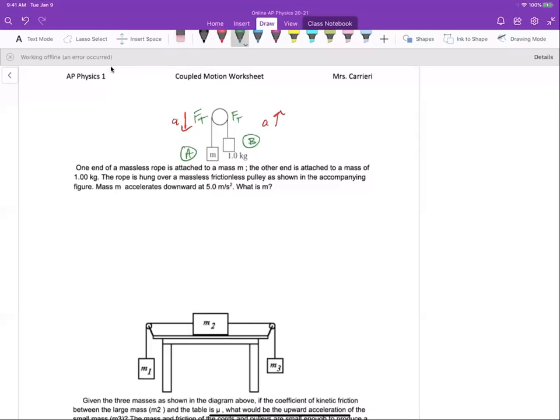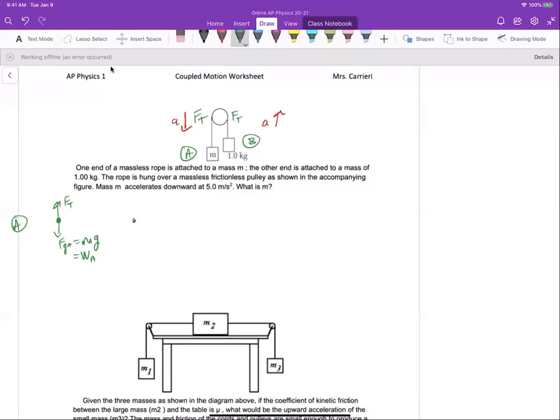Okay, now what do we do? Well, free body diagrams, folks. They're your friend. So this is A. I have Fg on A, which is the mass of A times acceleration due to gravity, same as the weight of A. Straight up is Ft.